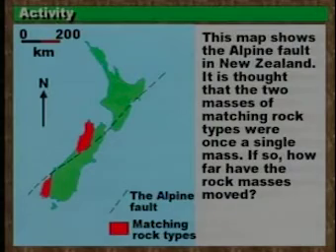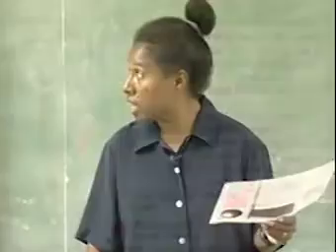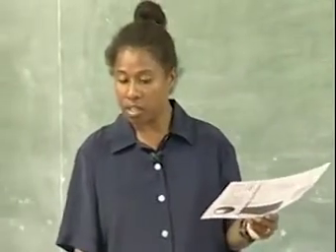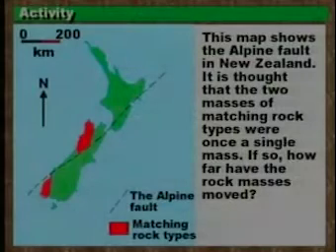Figure 17. The question is, if you look at this particular map, it shows us the Alpine Fault in New Zealand. It is thought that the two masses of matching rock types were once a single mass, but they have shifted or moved as a result of plate movement along that particular fault line, known as the Alpine Fault line.